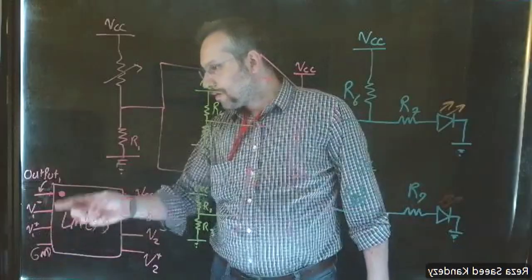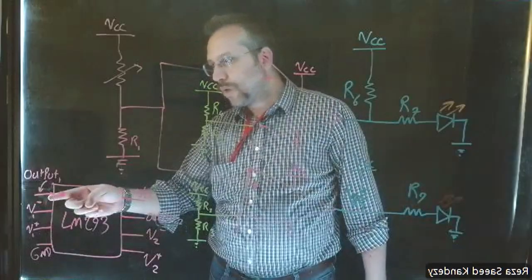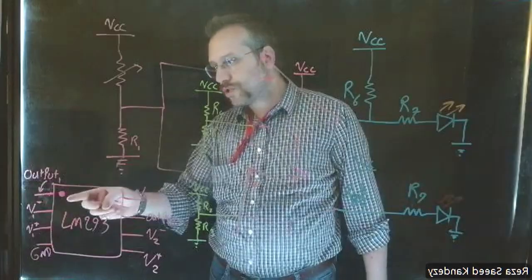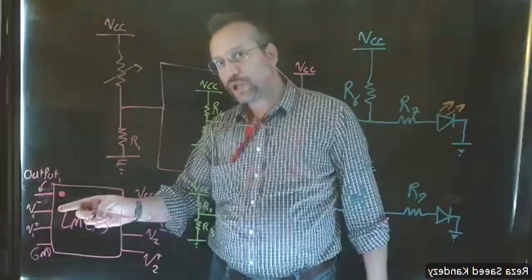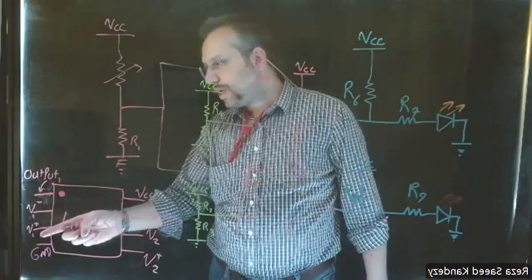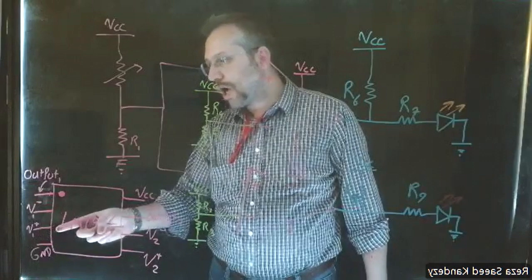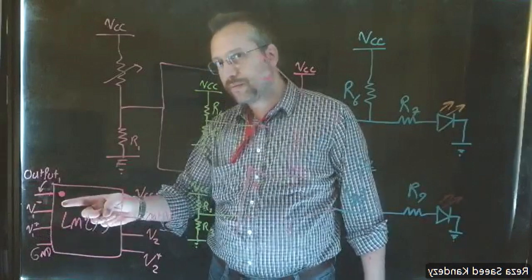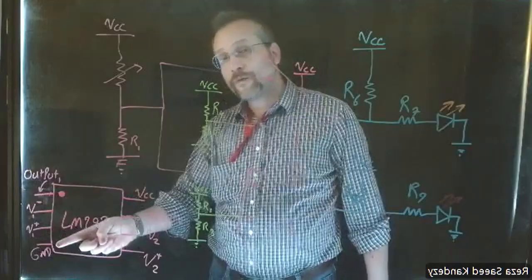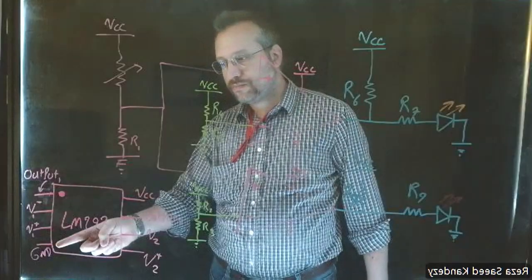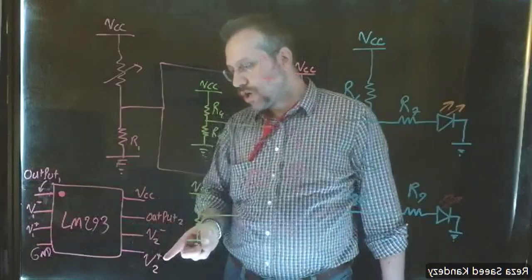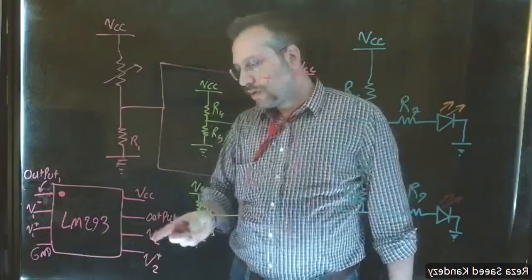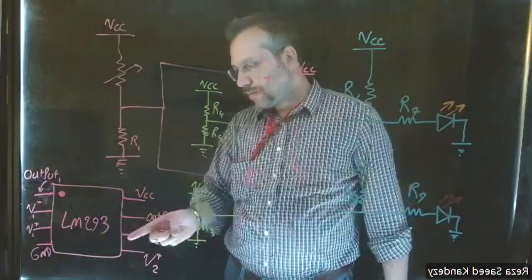Now the first pin, pin number 1, is the output of the first amplifier. Pin number 2 is the inverting terminal, and pin number 3 is the non-inverting terminal of the first op-amp. Pin number 4 is ground. Pin number 5 is the non-inverting terminal of the second op-amp.